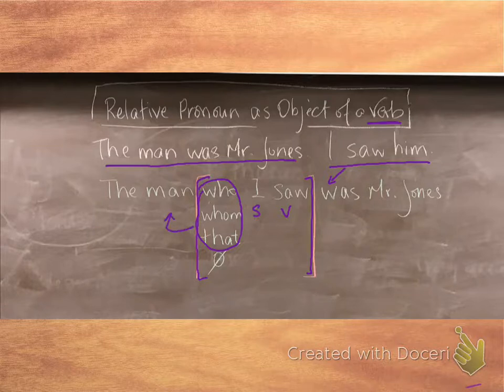And the reason those choices are there is because we're talking about a man. We can choose to leave out the relative pronoun altogether because we already have a subject and a verb in this adjective clause. So these are examples of relative pronouns as the object of a verb. And in your Azar book, these are on page 276.